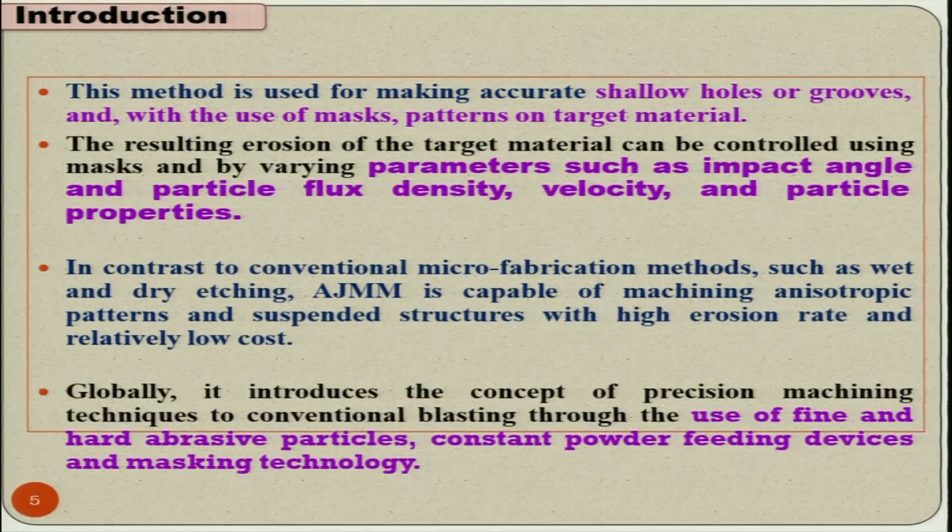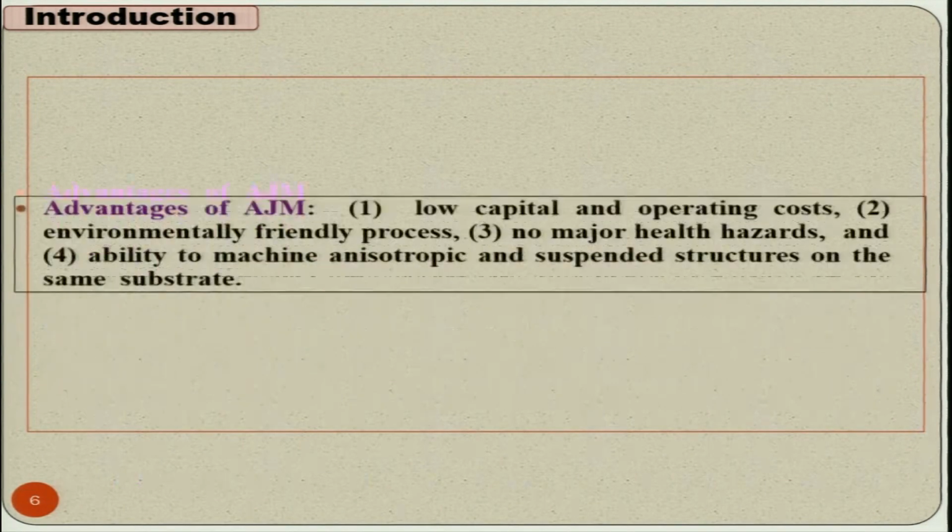Abrasive particle hardness should be much higher than the workpiece material hardness, otherwise it will not give the desired results. And constant powder feeding devices, which we will discuss later on, and the masking technology, all of them are going to affect the performance and the quality of the products being produced.